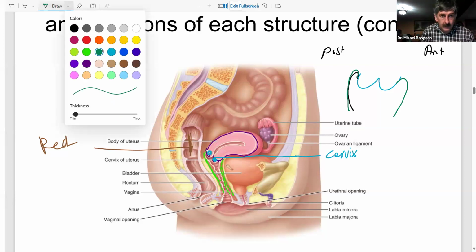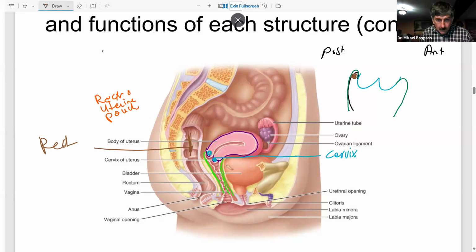So this area here, guys, right here, is what we call the posterior fornix.